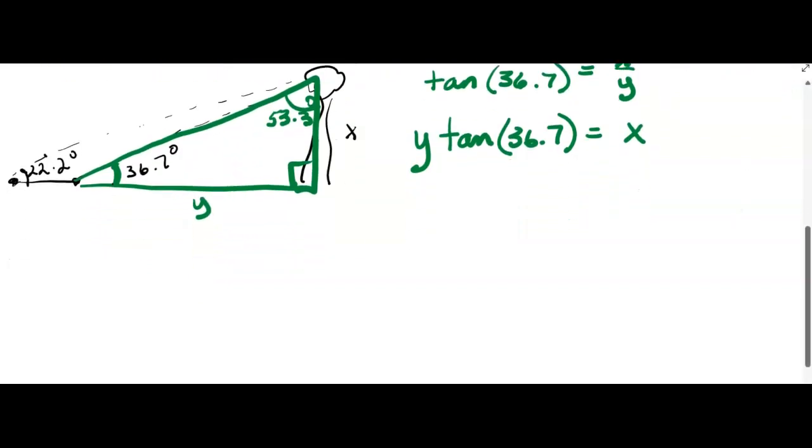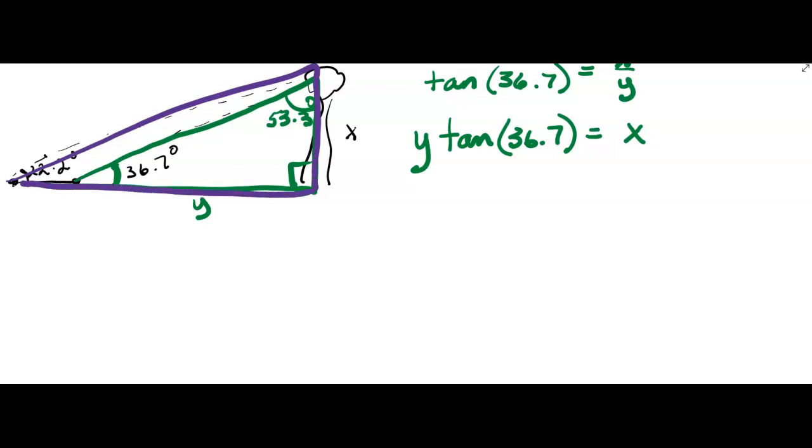I do know, though, that x equals, if I go to this bigger triangle, and it's also a right triangle, and it's really to the top of the tree, so those should be the same point. But I have that x, right? So I can say the tangent of 22.2 degrees is equal to x over, do you remember this was 50 feet?